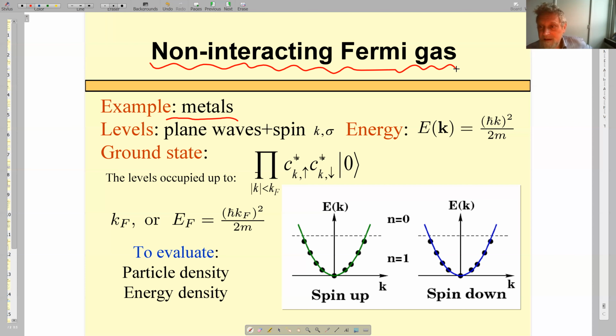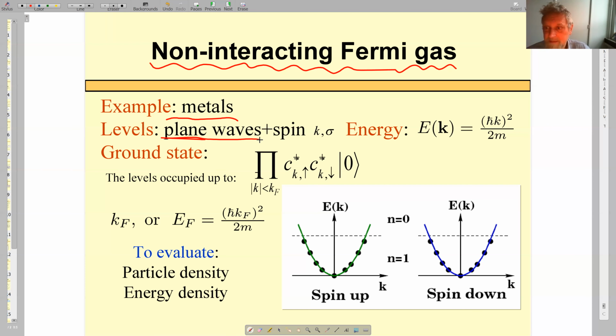Under these circumstances, each electron, provided it doesn't interact with the others, just assumes a plane wave state. So the levels of single particle excitations are plane waves characterized by wave vector k.